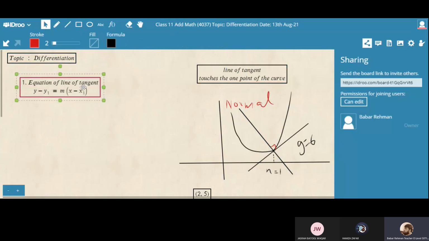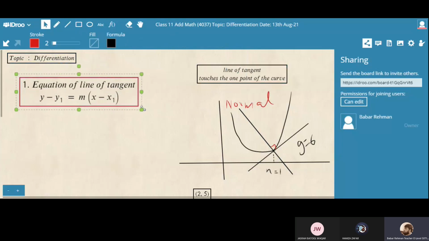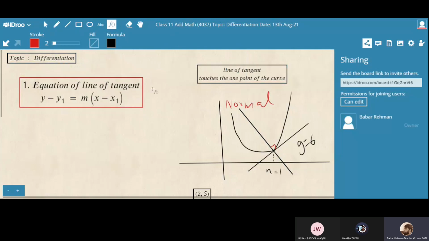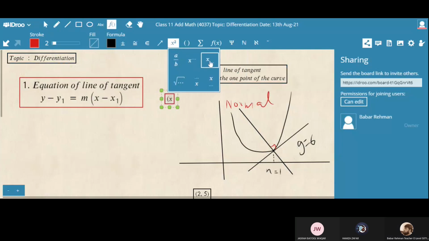And one thing I should write over here: this point where these are intersecting, both are touching the curve at the same point of the curve. So this point is called x1 comma y1.